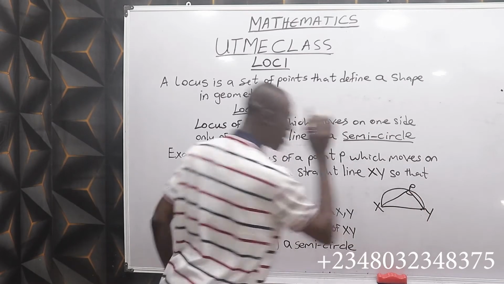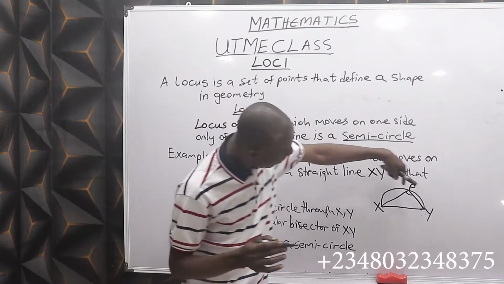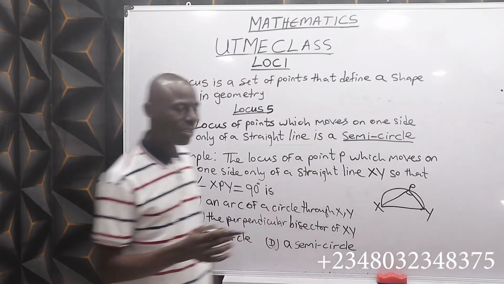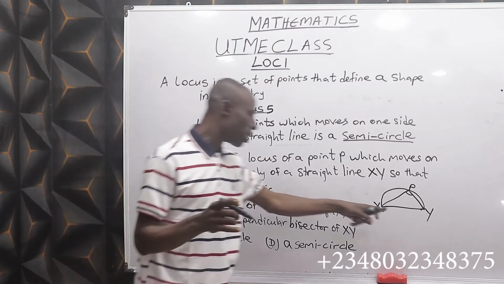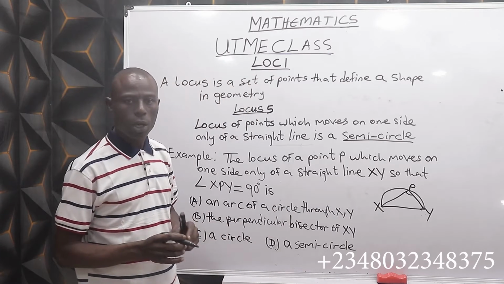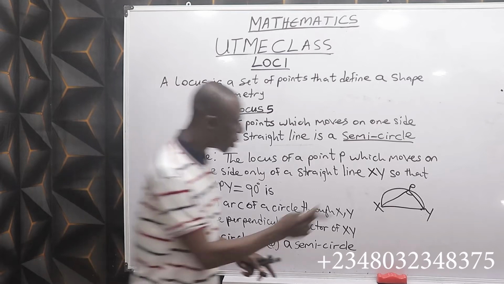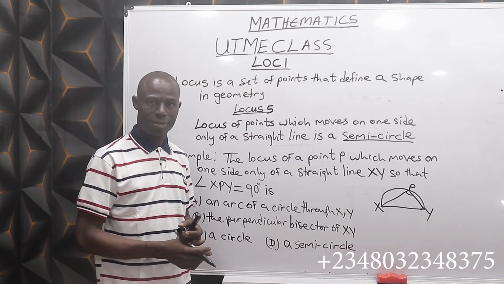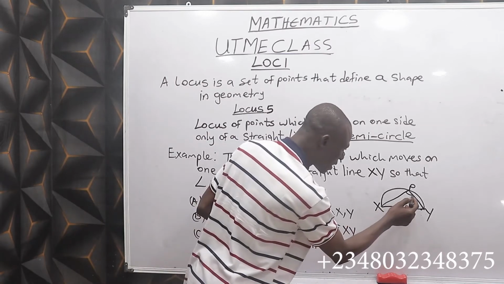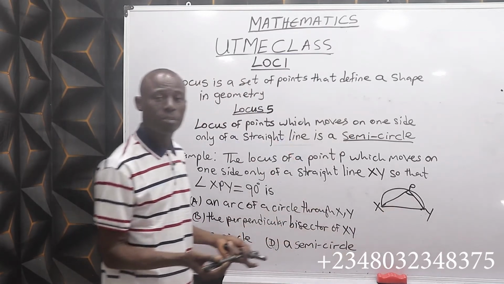That angle P along the line of the arc there is 90 degrees. Remember the theorem in circle geometry, which says the angle in a semicircle is 90 degrees. This is an angle in a semicircle, it's 90 degrees.